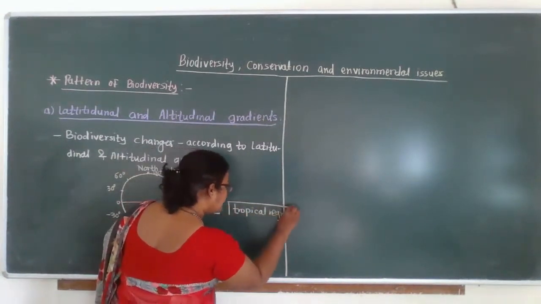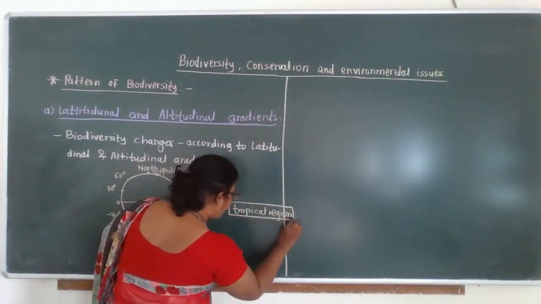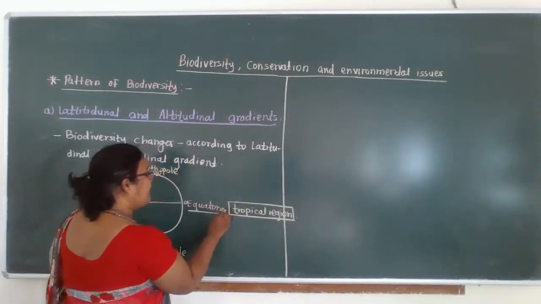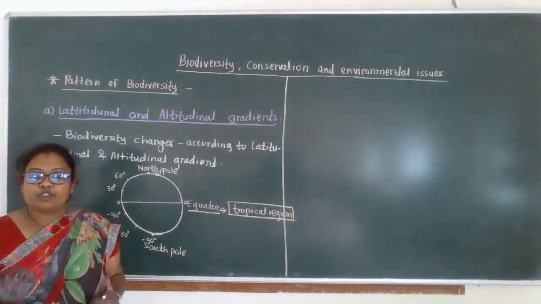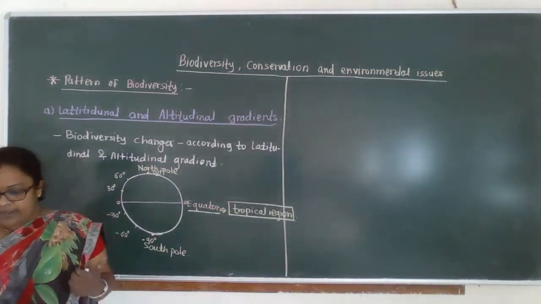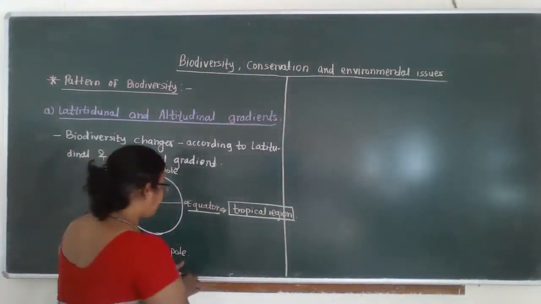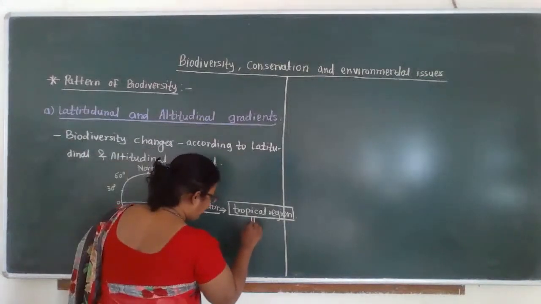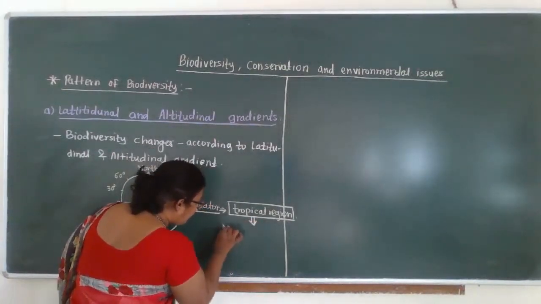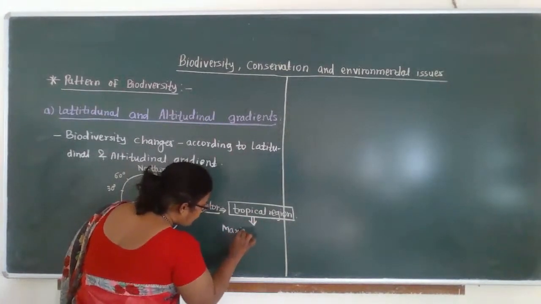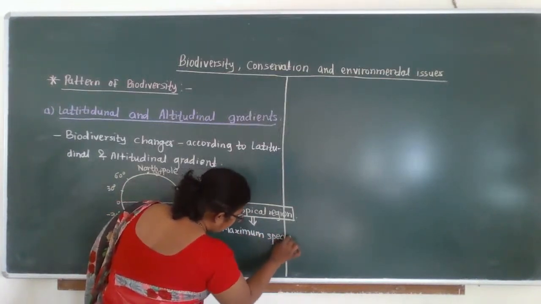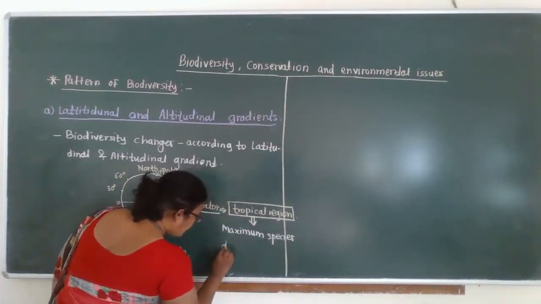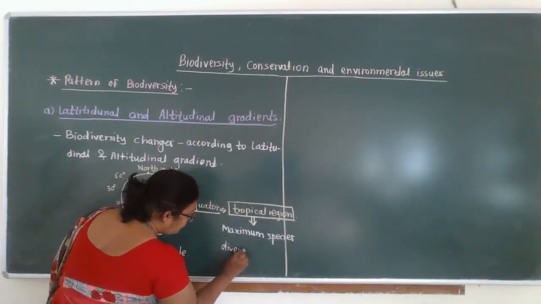So everyone listen carefully. At the equator there is a tropical region, and at the tropical region maximum species diversity occurs. Here we can find maximum species diversity.